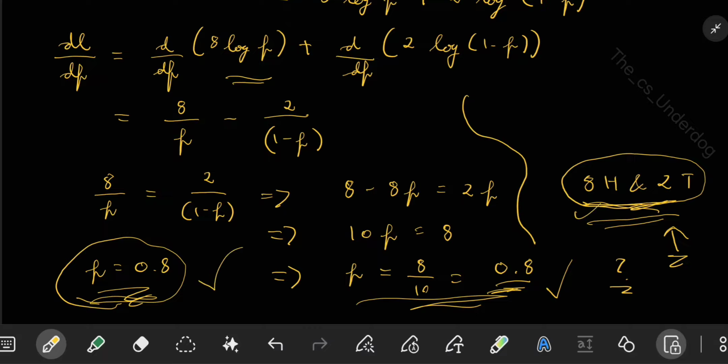Simply by looking at this itself, you would have told, okay, the coin should have a bias of 0.8, then this particular data's probability will be maximized. I want you to understand this concept.